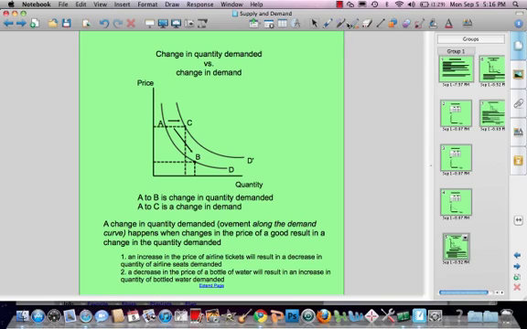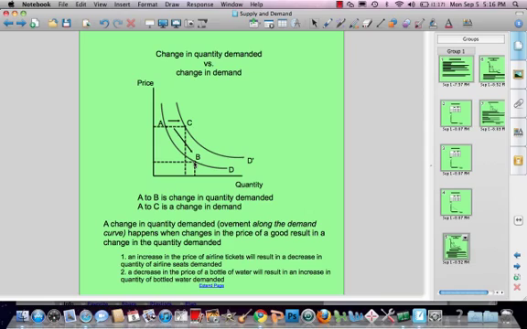If we look at this graph here, it doesn't matter what the product is, when we move from quantity A to quantity B, we're talking about movement along the initial demand curve, which I'm calling demand curve D. A to B, that movement is a change in the quantity demanded. So think of it this way. A change in quantity demanded, what we're calling movement along the demand curve, happens when changes in the price of a good result in the change in the quantity demanded.